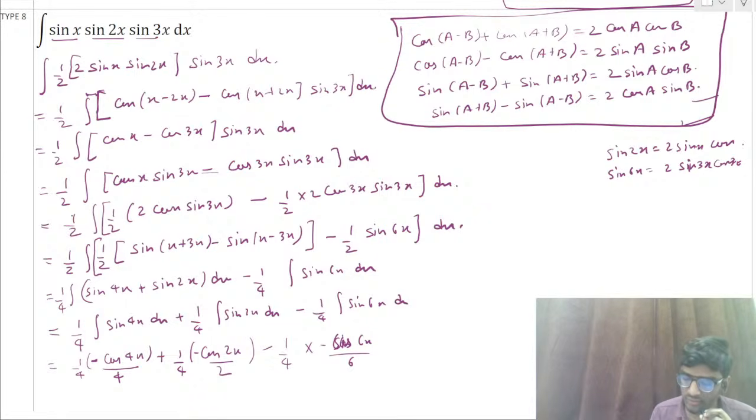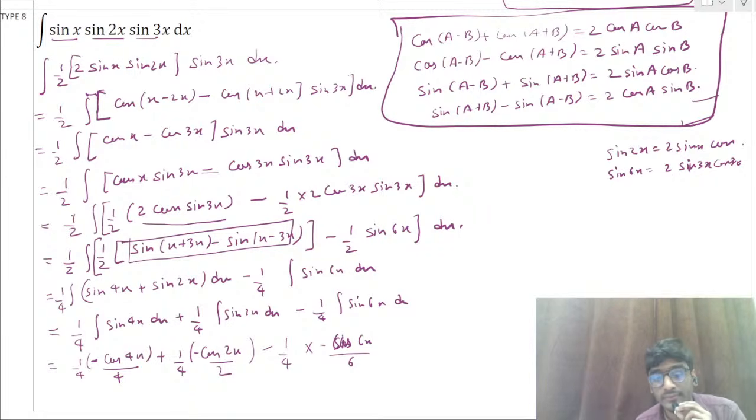Wait, there is a difference. As we can see, in this integral 2 cos x sin 3x, there is a difference of a minus sign.